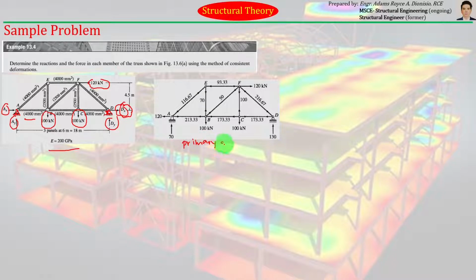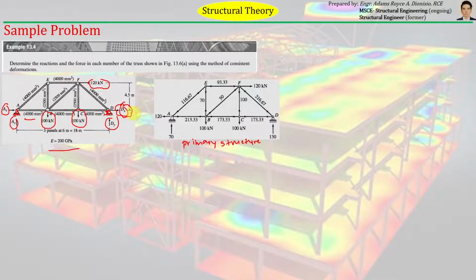As you can see here, there is no Dx already because we have removed it, having chosen it as our redundant. If we remove Dx, the support at D will just look like a roller, because there will be just one vertical unknown on it. So it's like a roller instead.